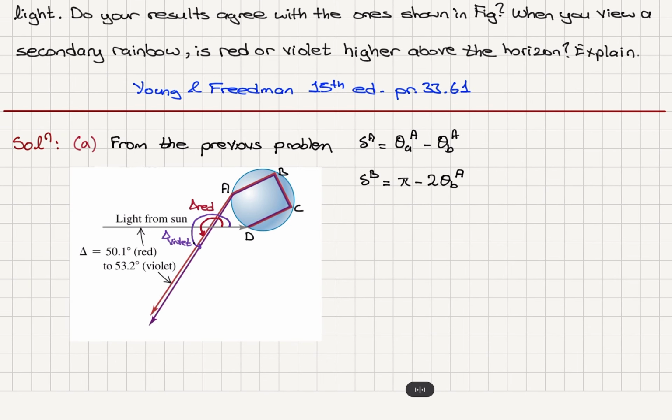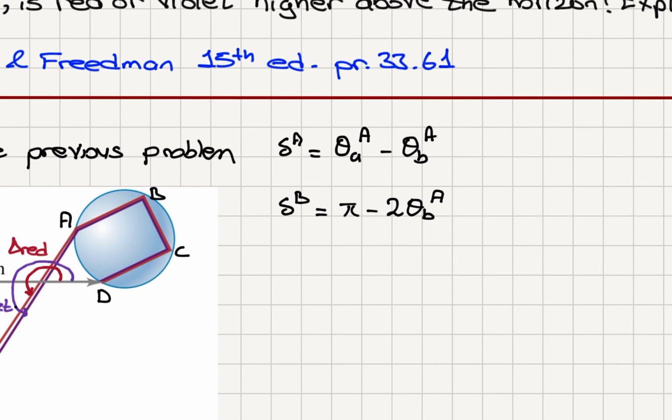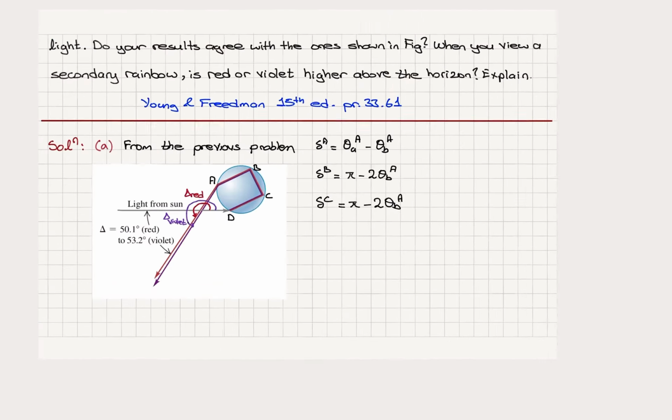Okay, so we have that result from the previous problem. Now if we go to the next point, point C, similarly we will have pi minus twice theta BA, so it's going to be the same situation.